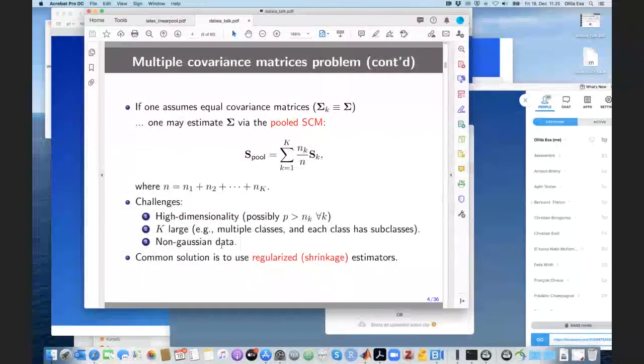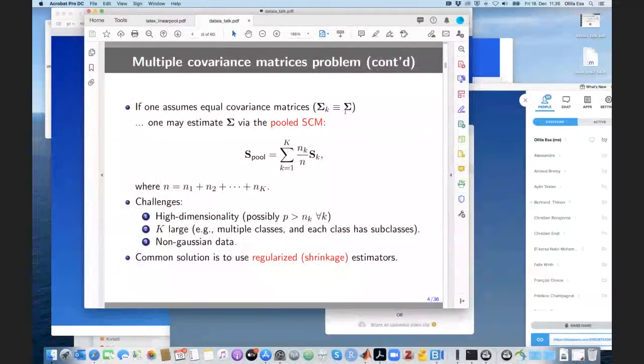In this case, the commonly used estimate is the pooled sample covariance matrix. It's basically just a weighted mean of the sample covariance matrices, and this estimator weighs each sample covariance matrix with a weight proportional to the number of observations in that class. This estimator is unbiased for the common covariance matrix sigma.